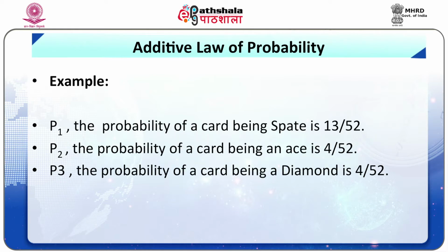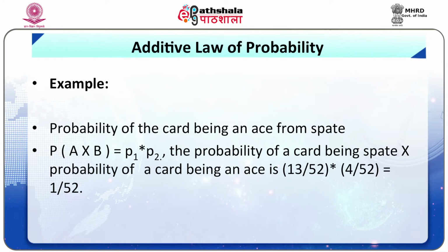The probability of occurrence of the first event is 13 by 52, that is 1 by 4. The probability of the second event is 4 by 52, that is 1 upon 13. The probability of their joint occurrence will be the probability of the first event multiplied by the probability of the second event.